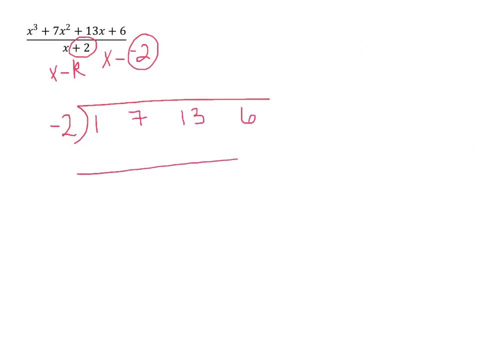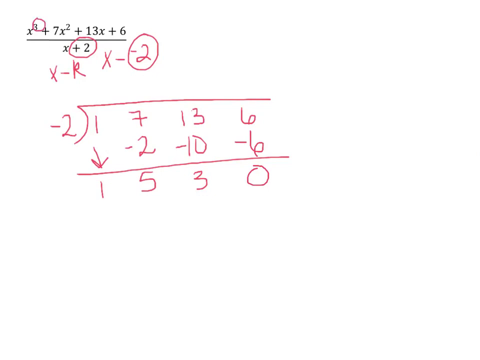I leave some space, bring down the 1. 1 times negative 2 is negative 2. 7 minus 2 is 5. 5 times negative 2 is negative 10. 13 minus 10 is 3. 3 times negative 2 is negative 6. And 6 and negative 6 are 0.